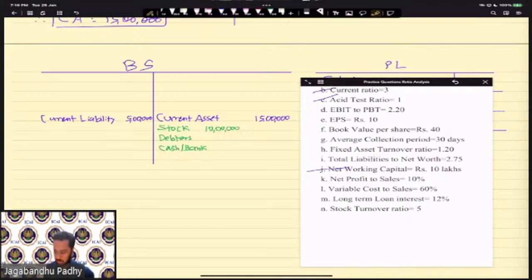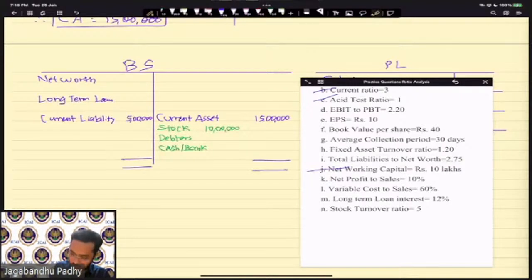If you think about it a bit differently, total liabilities to net worth is 2.75. Now, on this side, we might have a long-term loan, and there will be net worth. The ratio they have given is total liabilities to net worth. We don't know this long-term loan, so how will I go about this?